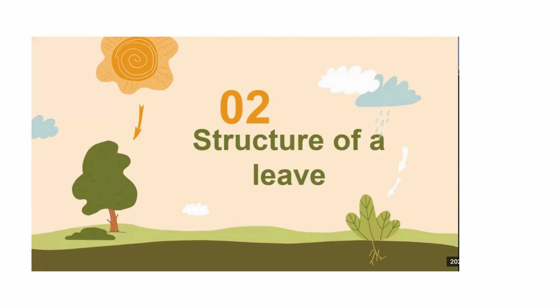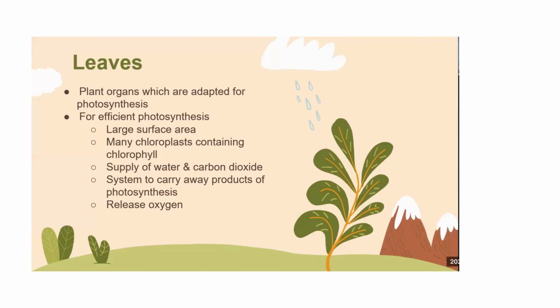Now we are going to talk about where photosynthesis happens in a leaf. So we need to know the basic structure of a leaf. Leaves, as I told you previously, are the plant organs adapted for photosynthesis. For efficient photosynthesis, leaves have a large surface area and contain many chloroplasts. Chloroplasts contain chlorophyll.